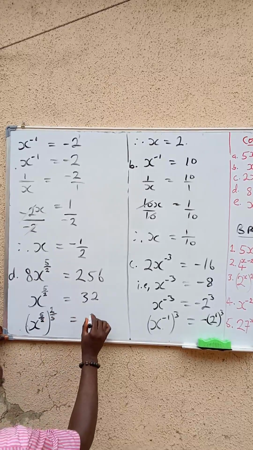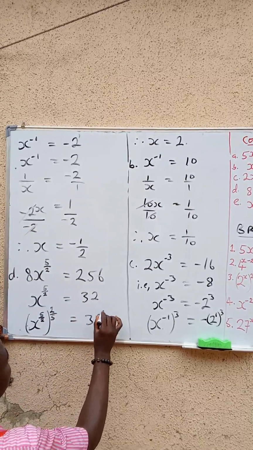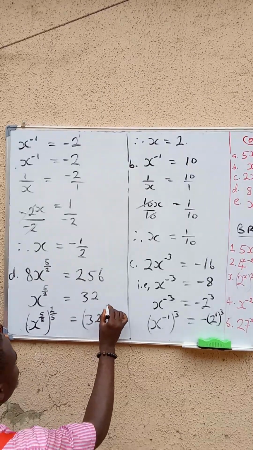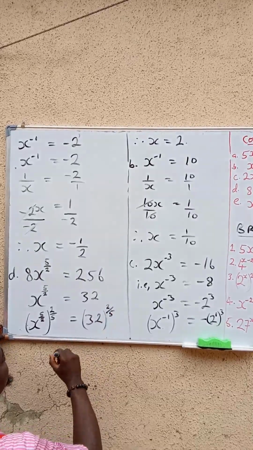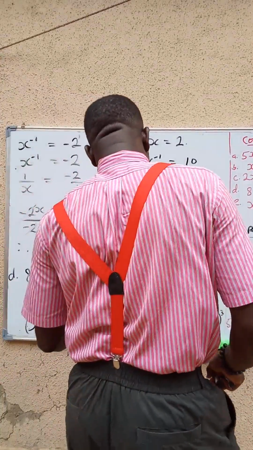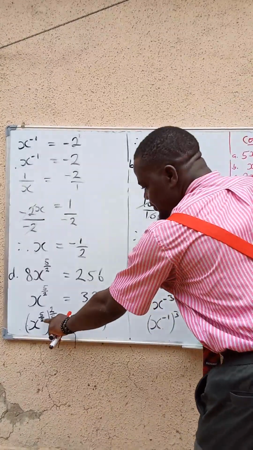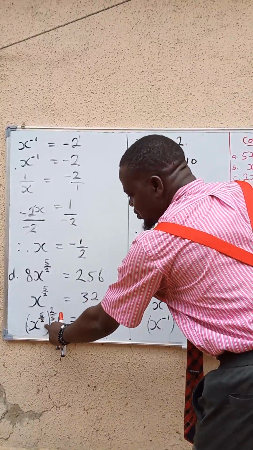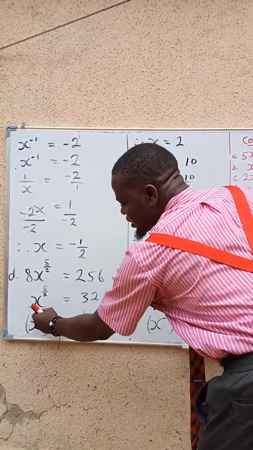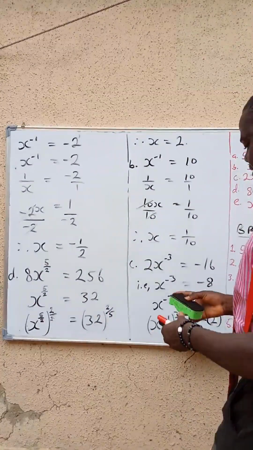The same thing as 32 raised to the power of 2 over 5. For me to remove this side, if you are having 3 over 2, you take it to be 2 over 3, so that this 2 can cancel this 2, 5 can cancel 5. That is how to do it.